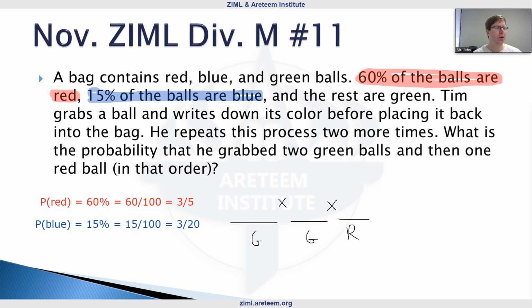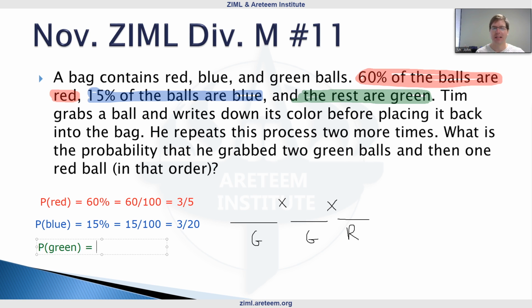So we then know that the rest are green. What does the rest mean in this place? Well, I know a lot of the time we're used to percentages, but this isn't like a test at school where maybe you have extra credit and you can get more than 100%.